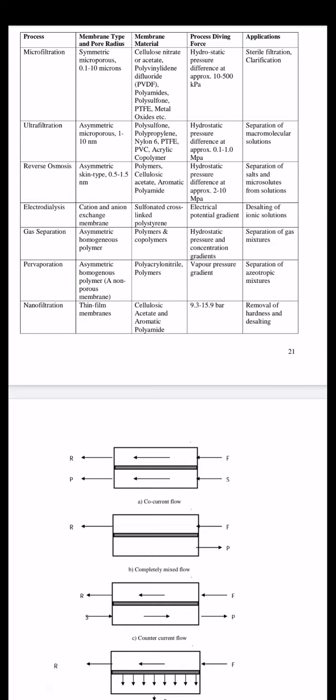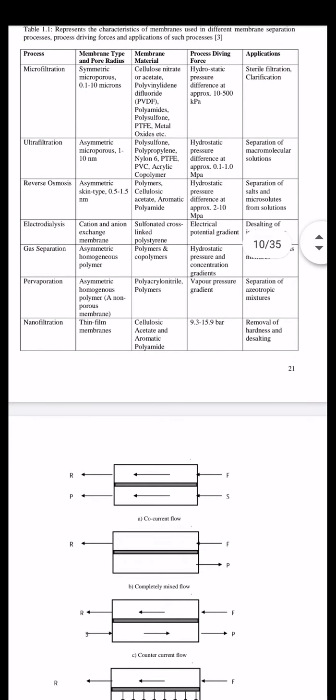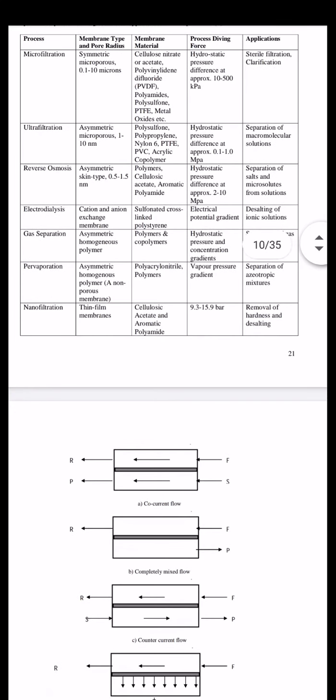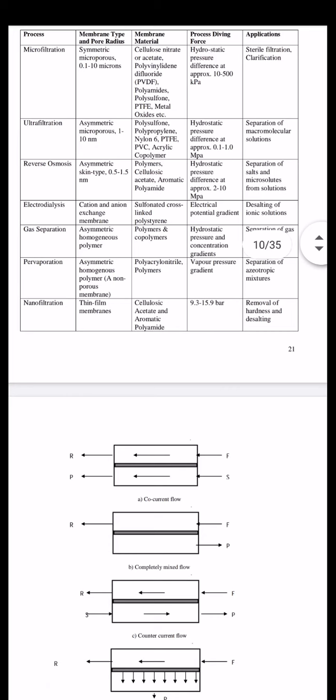It is the most important operation, which is widely used for the treatment of water. Generally, all over India as well as across the world, we can see RO units used widely to treat hard water.